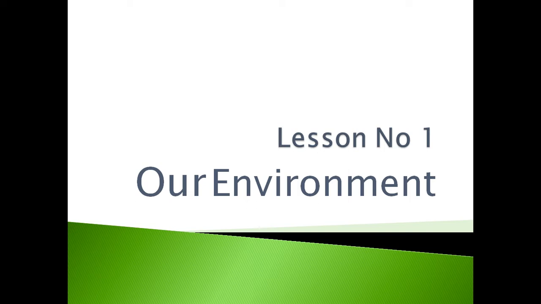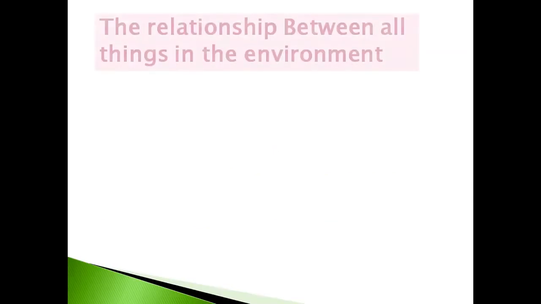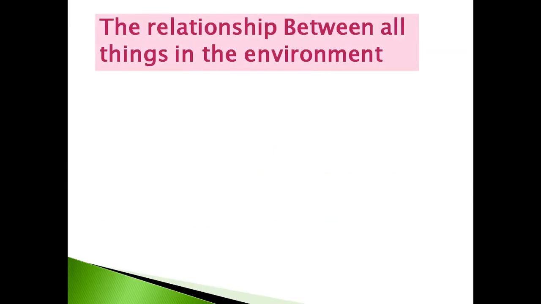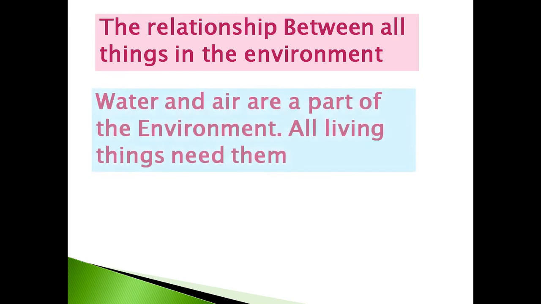Now, let's see what more there is in this lesson. The relationship between all the things in the environment. Water and air are a part of the environment. All living things need them.